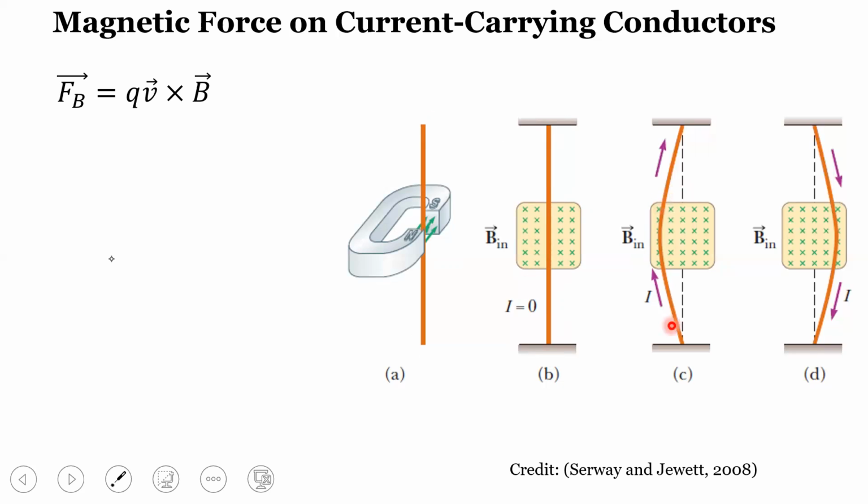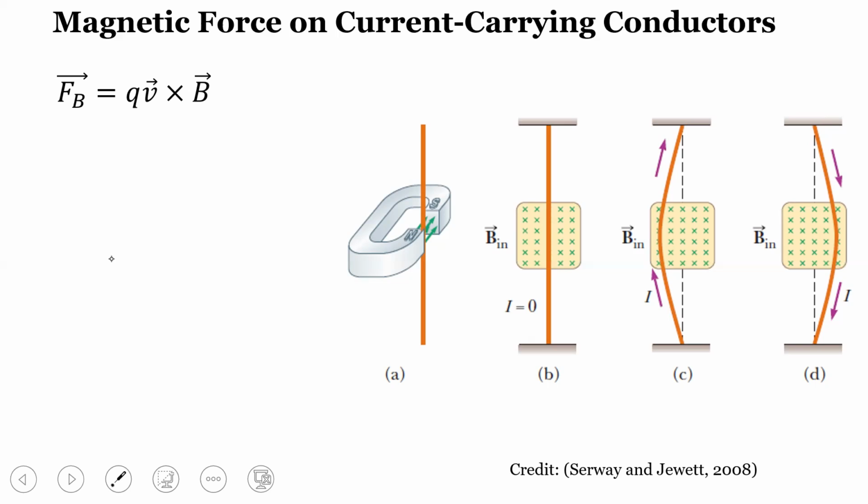But in this other scenario, current begins to flow upwards and the direction of the magnetic field goes into the screen, then we should expect a magnetic force. The magnetic force should be mutually perpendicular to the direction of current flow and also to the direction of the magnetic field.